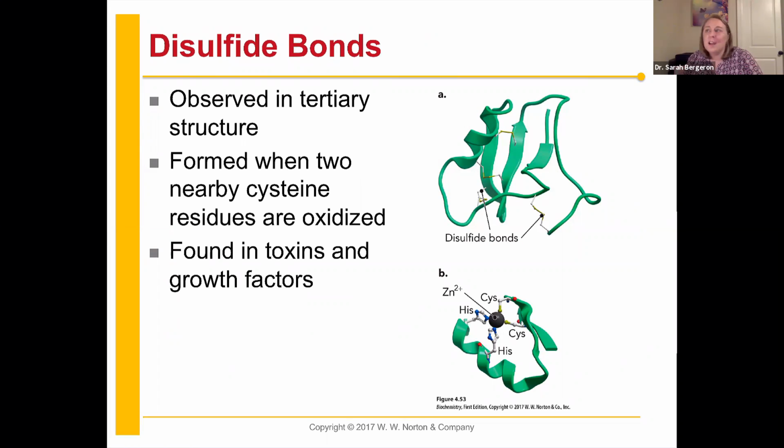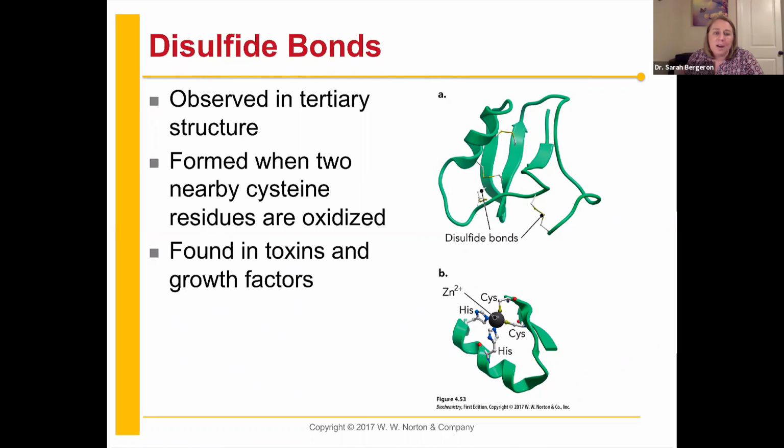Right? Okay, so let's talk about how these tertiary structures can be stabilized. We know that they're stabilized primarily by lots of weak interactions. We talked about that already. But there are 2 pretty strong interactions that they can be stabilized by, and one of them is disulfide bonds. So we see that a lot in our tertiary structure, and remember that occurs when we have nearby cysteine residues that are oxidized.